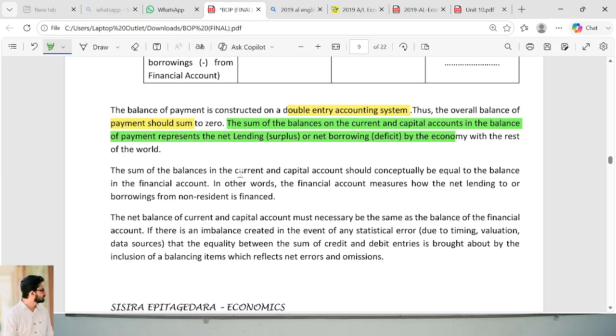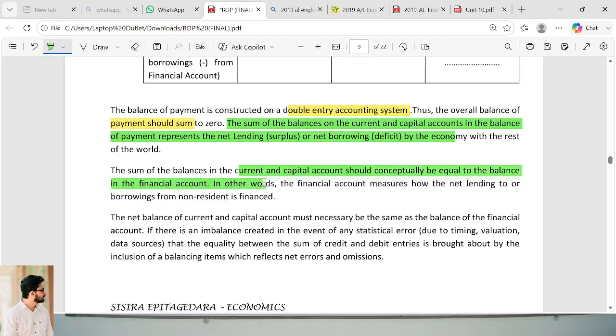Next one: the sum of the balances in the current and capital account should, conceptually, theoretically, equal the balance in the financial account. You know what it is.